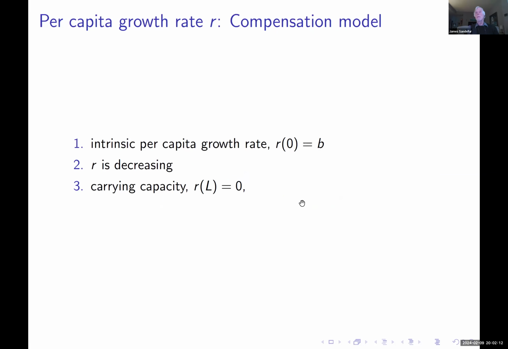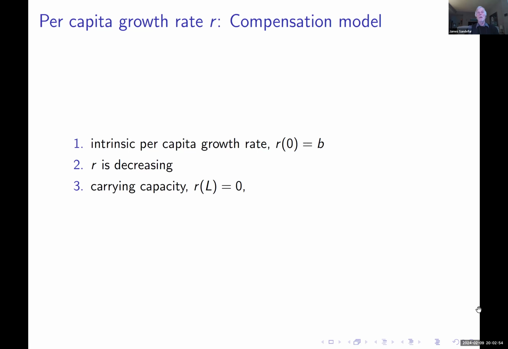We need to make some assumptions about the per capita growth rate. Some reasonable assumptions: first, that there is an intrinsic per capita growth rate, which would be B, and that would be the growth rate when the population size is near 0, because then there would be plenty of food and space available. So that would be the optimal growth rate. Now, I'm not going to be talking about depensation models, which I also find fascinating, in which case the intrinsic per capita growth rate occurs at a larger population size.